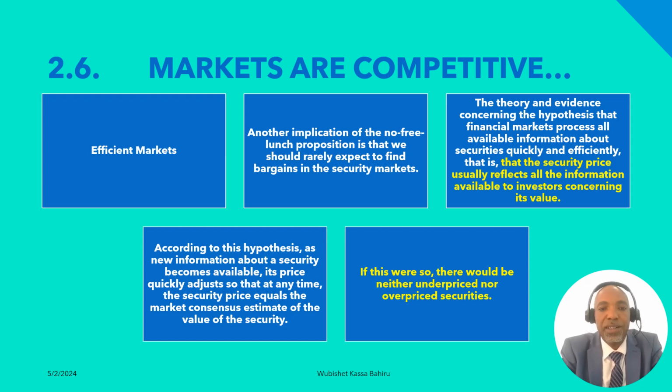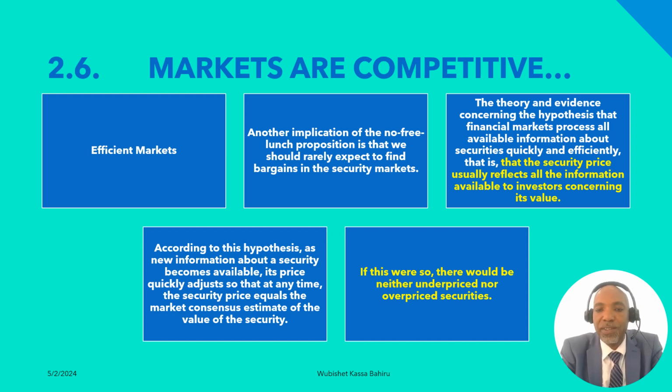According to the efficient market hypothesis, as new information about the security becomes available, its price quickly adjusts so that at any time the security price equals the market consensus estimate of the value of the security. But in the real world, this may not be working.